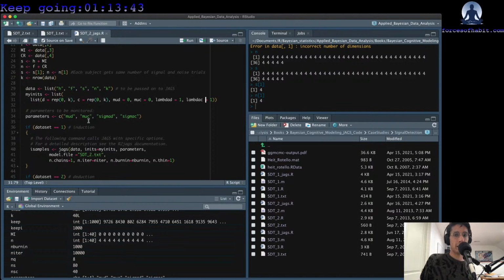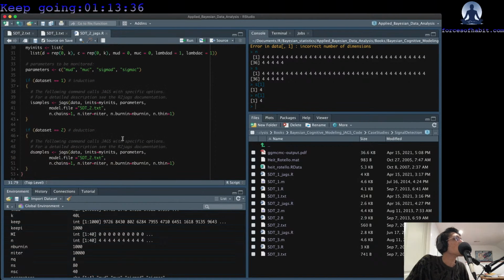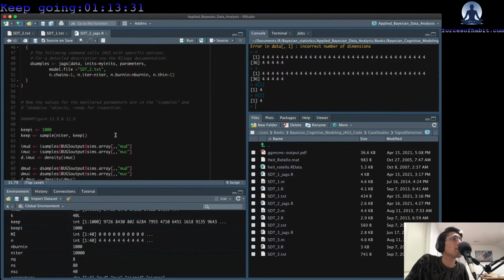We don't care about any individual subjects; in this case, we care about the averages. We're going to do so for both data sets.